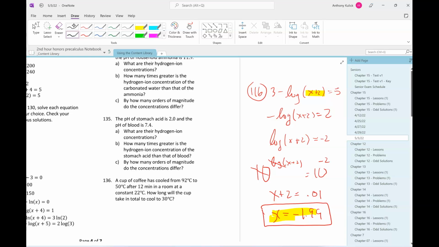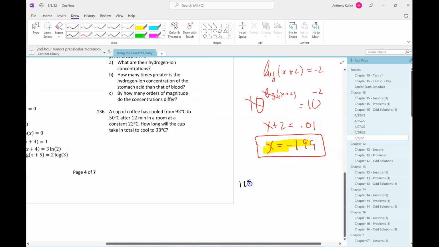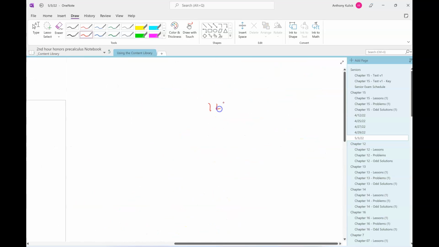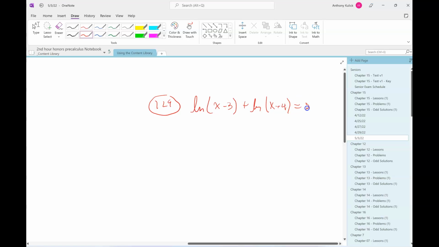Blake? 129, please. Okay. So we have natural log of x minus 3 plus natural log of x plus 4 equals 3 natural log 2.